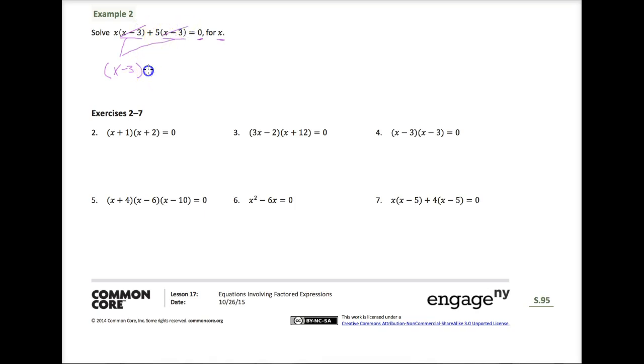And what's left is this x plus 5, which is going to equal 0. Now it should be fairly easy to see that x minus 3 is equal to 0, or x plus 5 is equal to 0, meaning x is equal to 3 or x equals negative 5. Both of those are good answers.